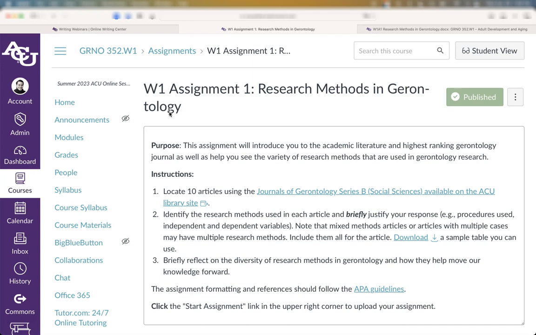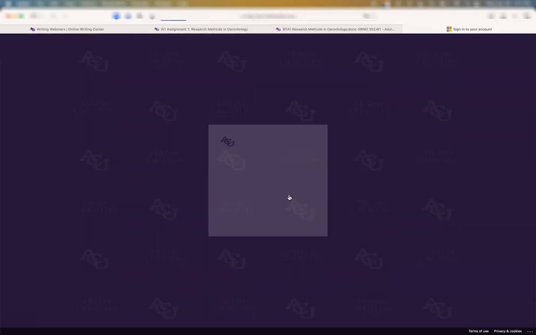Now, it happens that this specific assignment is asking you to look at one specific journal, but the principles are applicable with any field of research that you're doing, looking at so-called high-impact research, research that is important, that is read a lot, that has been vetted, and ideally is giving you information that is applicable to your situation.